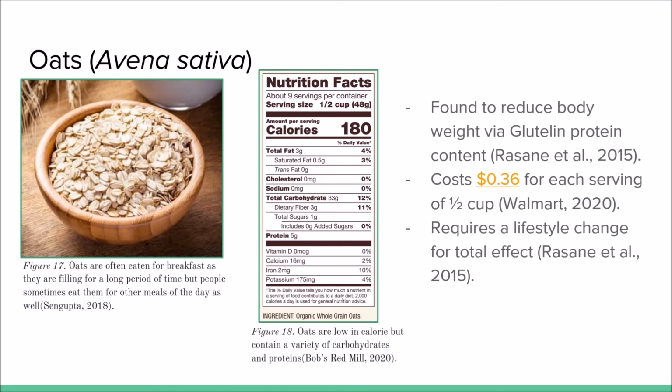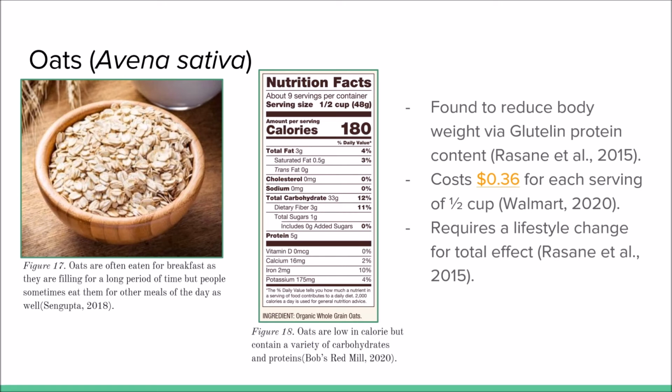In a study, oats were found to actually help reduce people's body weight. This was due to that glutenin pathway that I talked about. And here you can see the nutritional facts. In half a cup serving, which is a very filling amount, it has 180 calories, 3 grams of fiber and 5 grams of protein, which is a lot for something with so few calories.